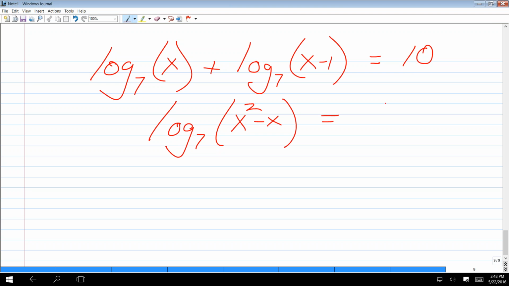What do I want to make it? Let's see. Hold on a second. I've got to think in advance here. 10 is not a good number to use. And 7 is not a good number to use. Sorry about this. Not going to change anything. Let's see if I can get that to be 6.